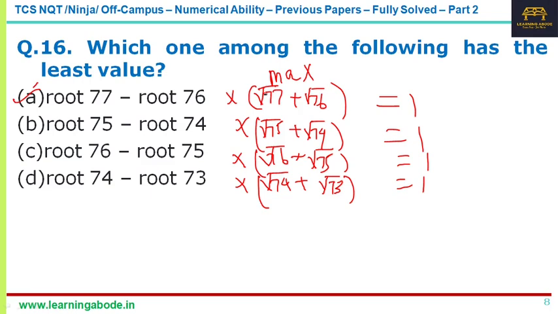So root 77 plus root 76 will yield more value. So that is the maximum, and the product outcome is all equal, which means this should be minimum. So that's answer option A for question number 16.